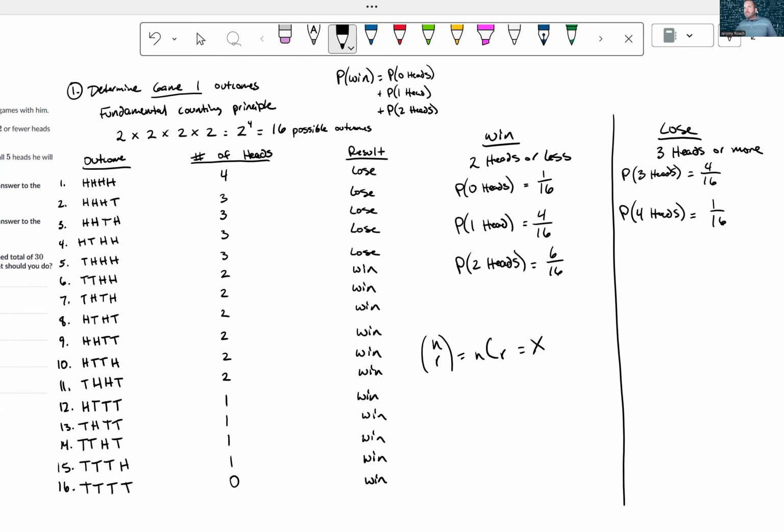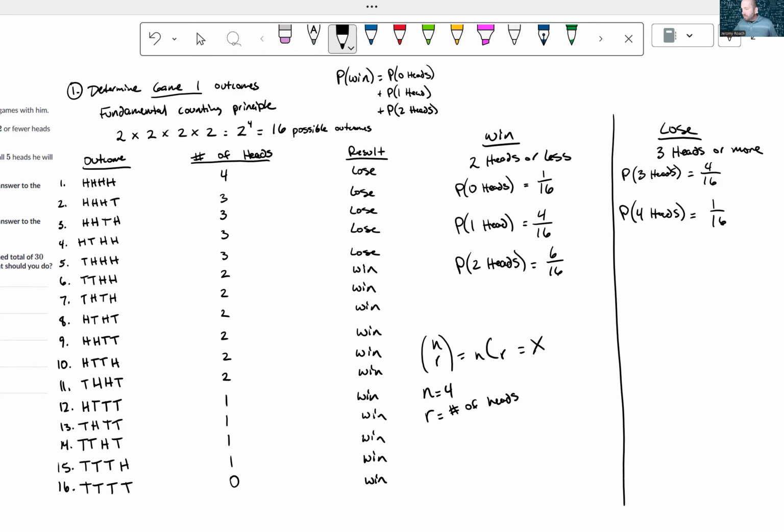Okay, so really all we have to do for the combinations for these is we're saying n is equal to 4 because we're flipping the coin 4 times. And then r is how many heads there are, the number of heads.